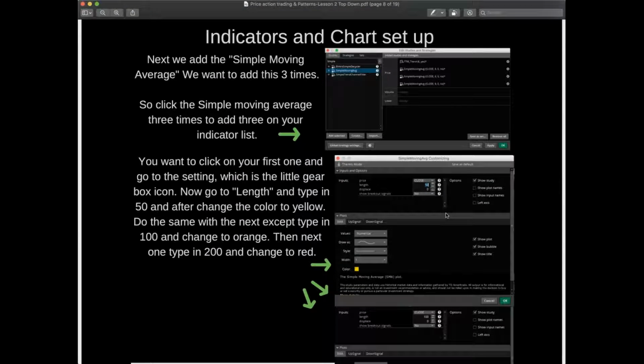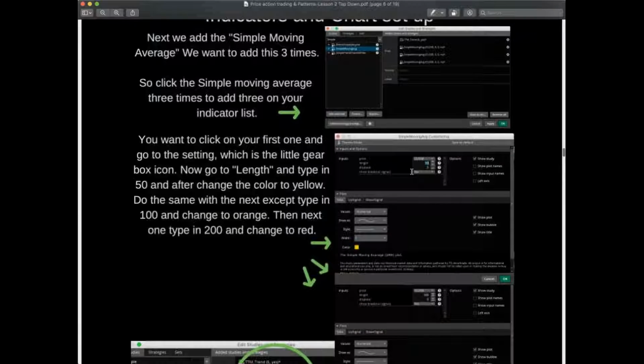Our next indicator is simple moving averages. We want to add 3 simple moving averages. Well, actually, I'm going to add one more. The 3 simple moving averages we're going to add here are the 50-day, the 100-day, and the 200-day.